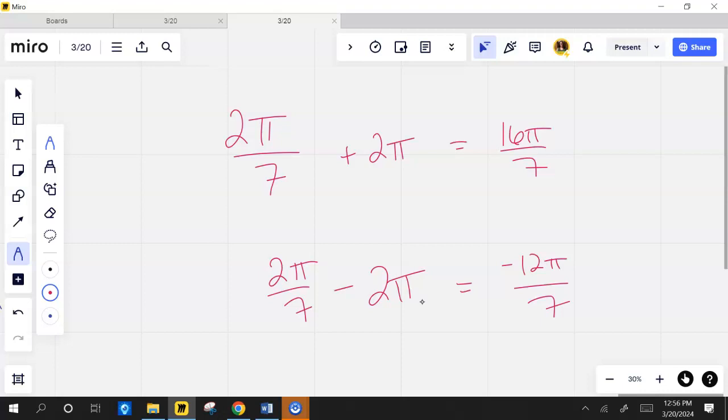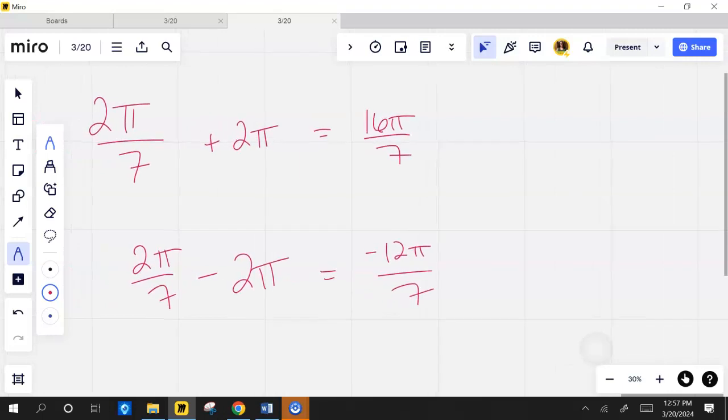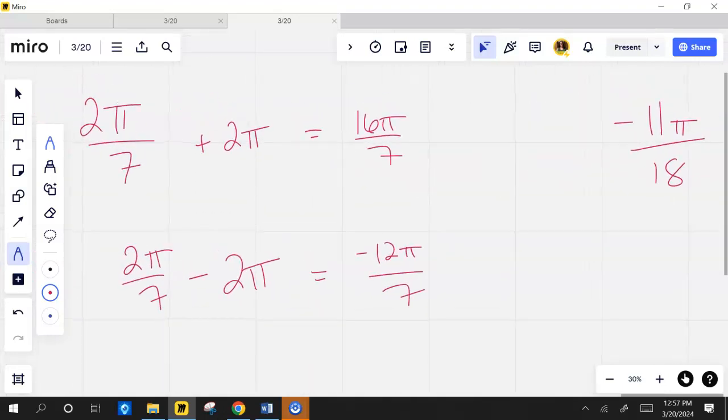It seems to be the radians that we're struggling with and not the degrees, yes? We got one more thing to go with it. 12 over 7. I got negative 12 over 7 also. Right.